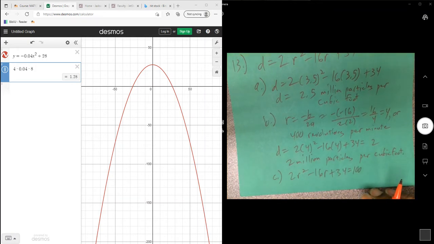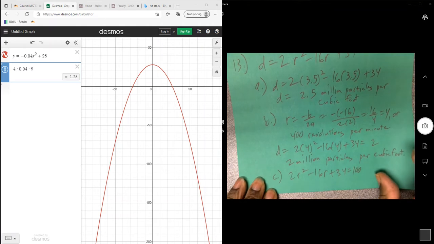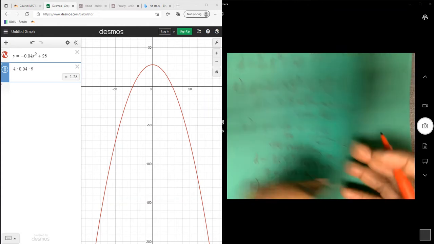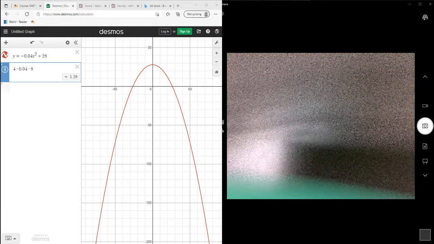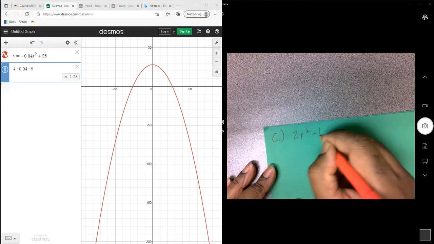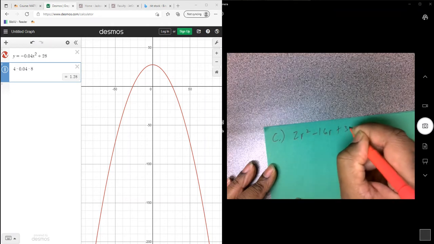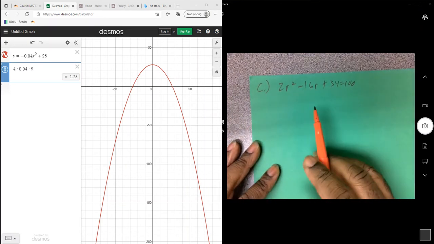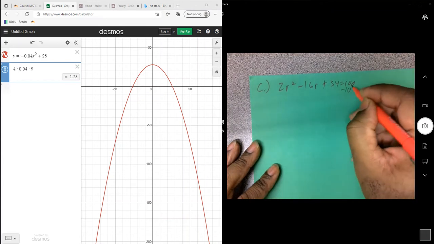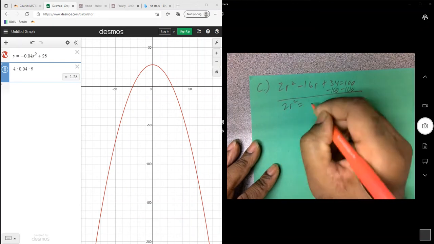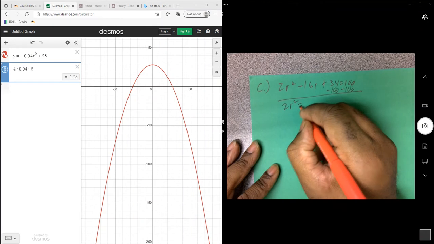Now we need to solve this, typically by factoring. First thing we should do is subtract 100 on both sides, because we want to make sure the side is set equal to 0.